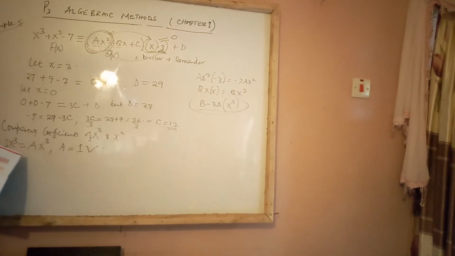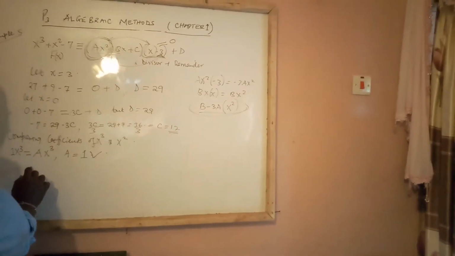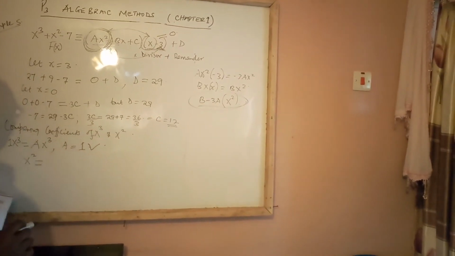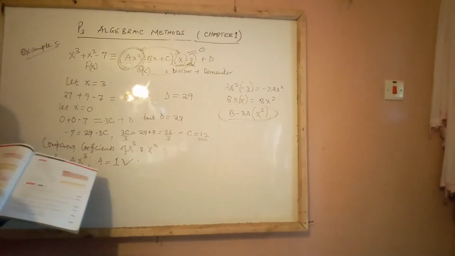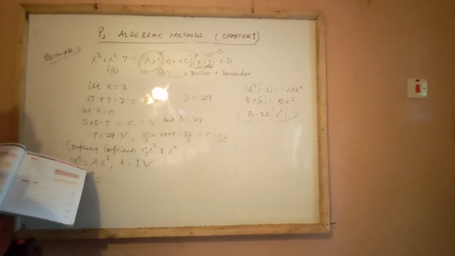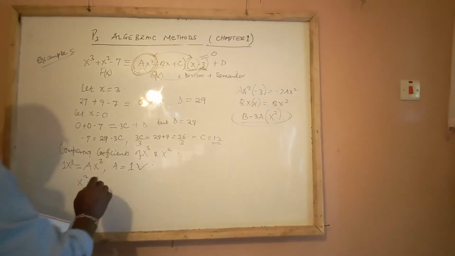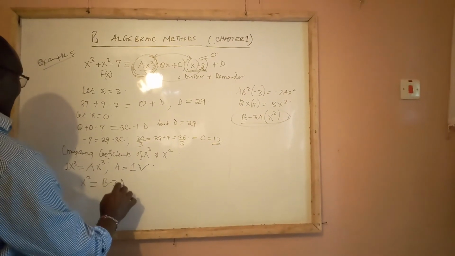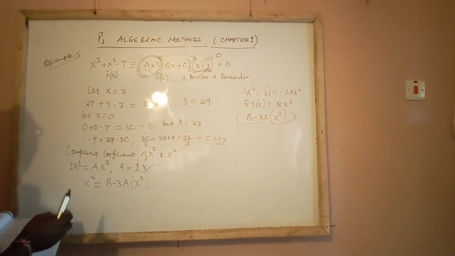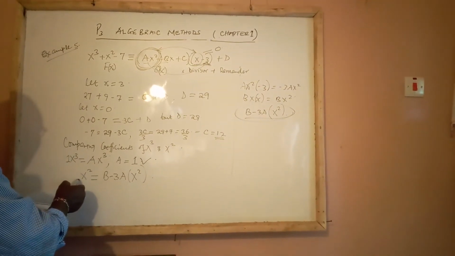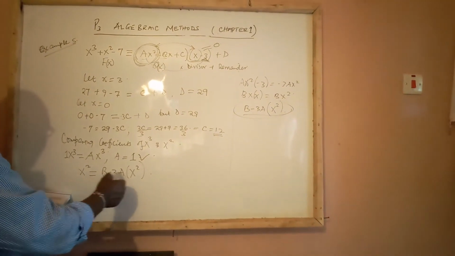All the x squared terms combined on the right-hand side look like this: (b minus 3a)x squared. The coefficient of x squared on the left-hand side is 1, and on the right-hand side it is b minus 3a.